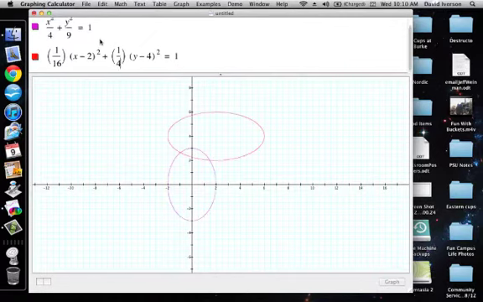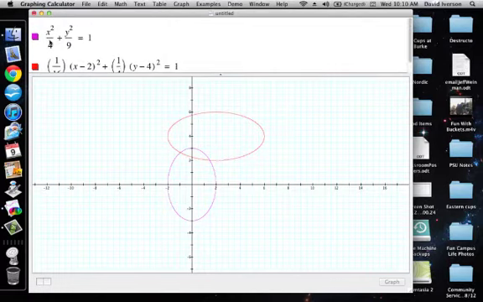So what this does is it takes my original equation and moves the center of it from 0, 0 to the point 2, 4, and it stretches it from having a horizontal width of 4 to now having a horizontal width of 8, and instead of having a vertical width of 6, it's now going to have a vertical width of 4.